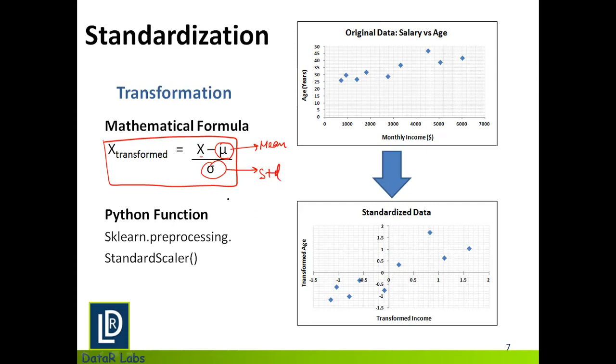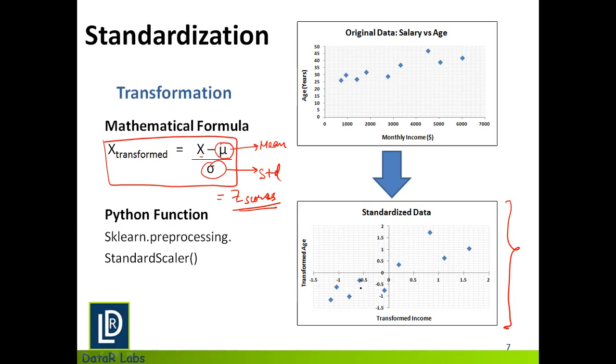Now when I implement this formula on the entire variable, what I get is what we know as Z scores. If I plot the Z scores for the original data I had of monthly income and age, I get a graph which looks similar to this.